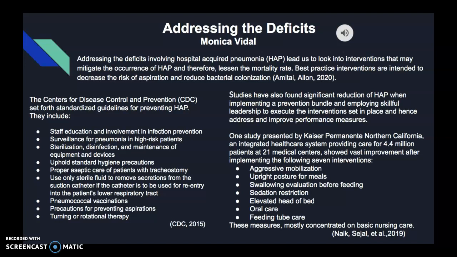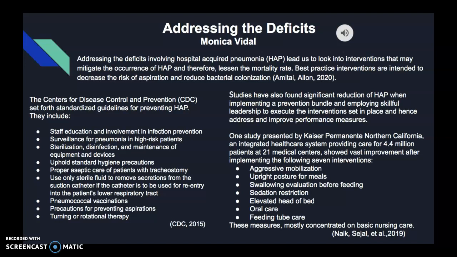They include staff education and involvement in infection prevention, the surveillance for pneumonia in high-risk patients, sterilization, disinfection and maintenance of equipment and devices, upholding standards of hygiene precautions, proper aseptic care of patients with tracheostomy, the use of only sterile fluid to remove secretions from the suction catheter if the catheter is to be used for re-entry, pneumococcal vaccinations, precautions for preventing aspirations, and turning and rotational therapy.